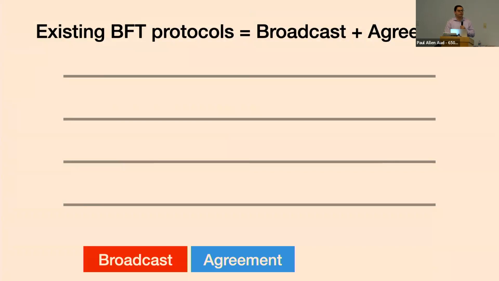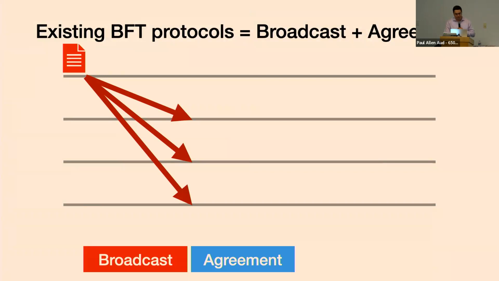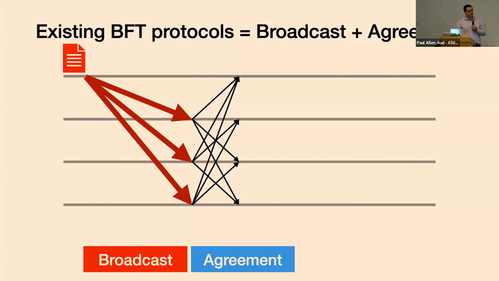In the broadcast phase, some node proposes a block of transactions, and typically all the other nodes will download it. Once they've downloaded it, they will exchange votes to come to agreement and decide whether they're going to append this block to their logs.